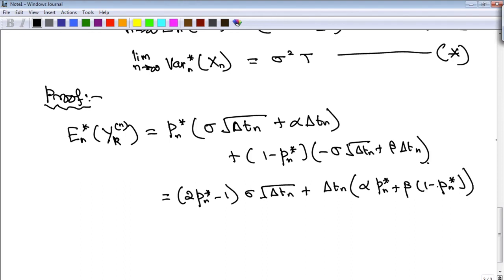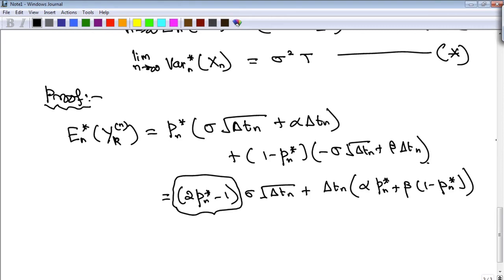Just rewriting this expression. If you recall, in the previous lemma, when we were proving the limiting case of Pn star, we derived this expression, and then we took the limit as n tends to infinity and showed that this expression goes to 0, and that is how we proved Pn star equals 1 by 2. So we can just substitute that expression here.